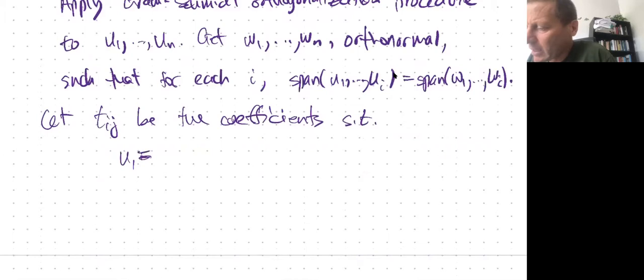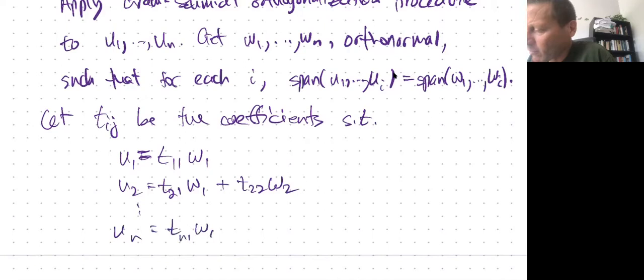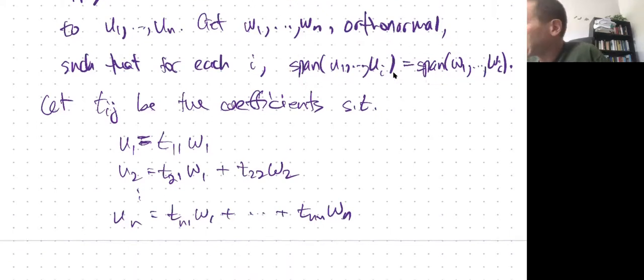U1 is T11 W1, U2 is T21 W1 plus T22 W2, and so on. Those coefficients just exist because of this fact, and I'm just using the coefficients that I get from this fact.